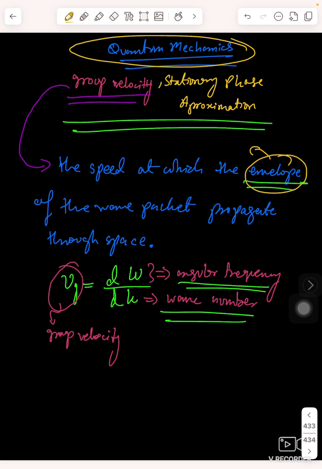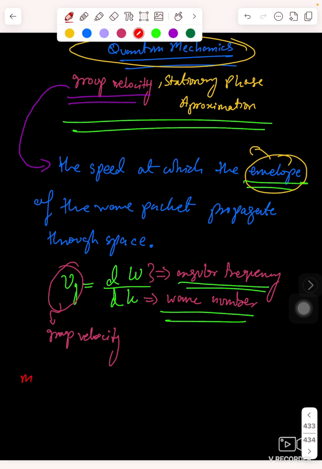The focus is on wave packets which are localized, meaning their effect is within a range, like localized particles or signals, and their movement through a dispersive medium.